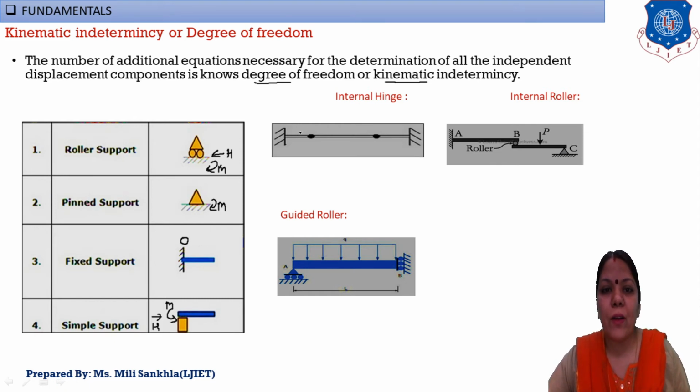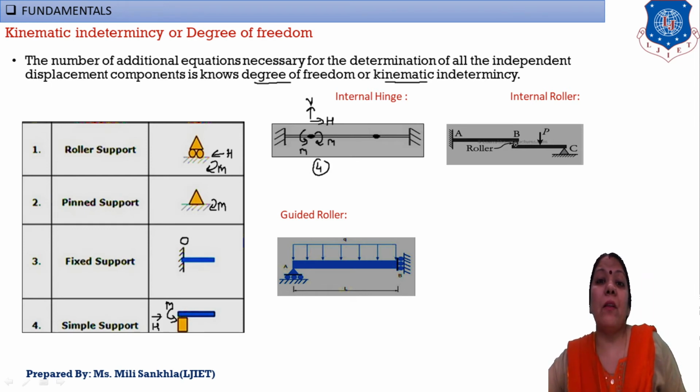One by one: the internal hinge allows moment. Second, it allows horizontal displacement and it allows vertical displacement. Moment, that means the internal hinge allows 4 degrees of freedom.